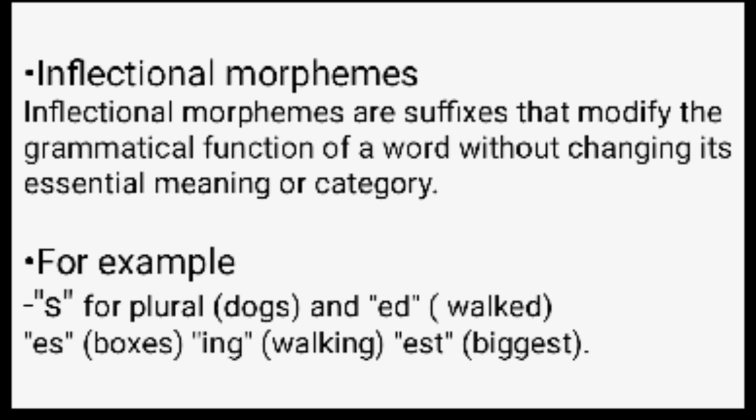For example, s for plural: dog is a noun, but with s it becomes dogs. They cannot change the meaning, they just modify it. So dog, dogs. Ed used for walk, walked. Es used for box, boxes. Ing for walk, walking. Est for big, biggest. So these are inflectional morphemes.